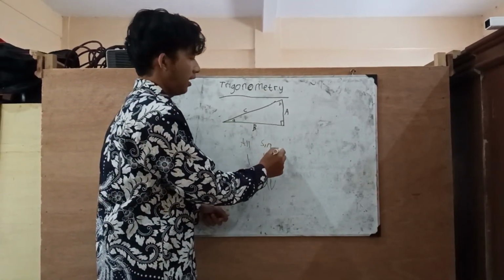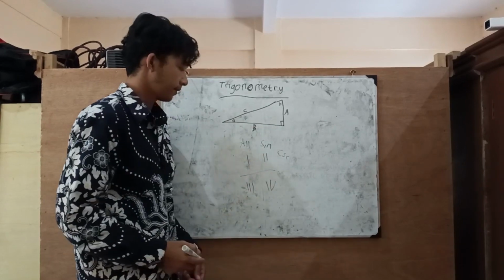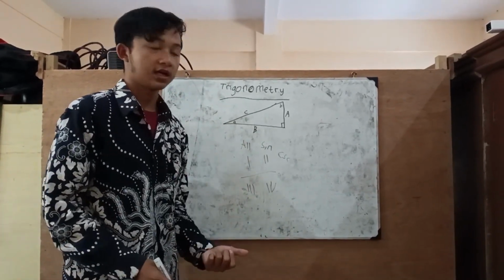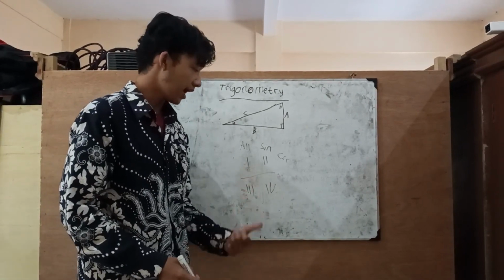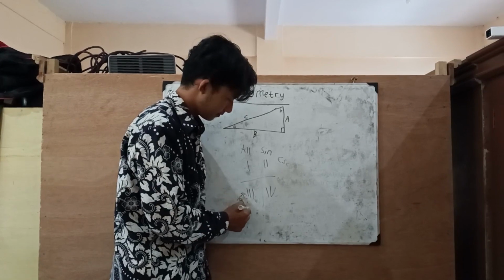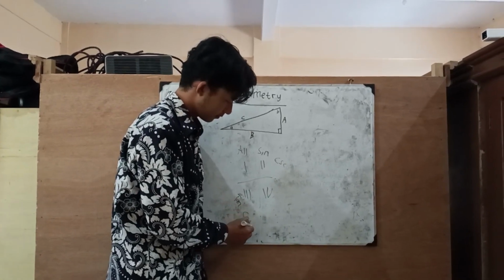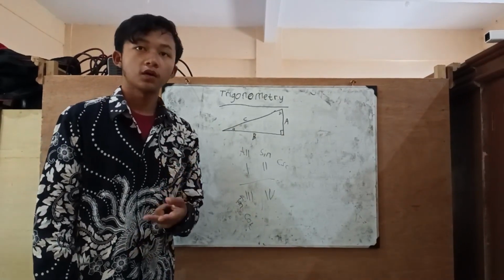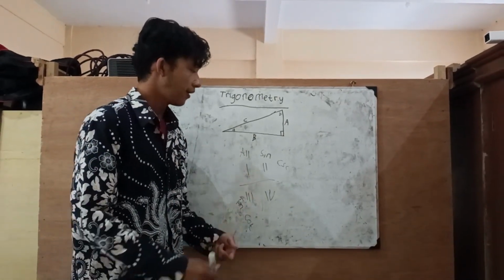Sin and cosecant. In the third quadrant, just tan and cotangent have positive values. And in the fourth quadrant, cos and secant have positive values.